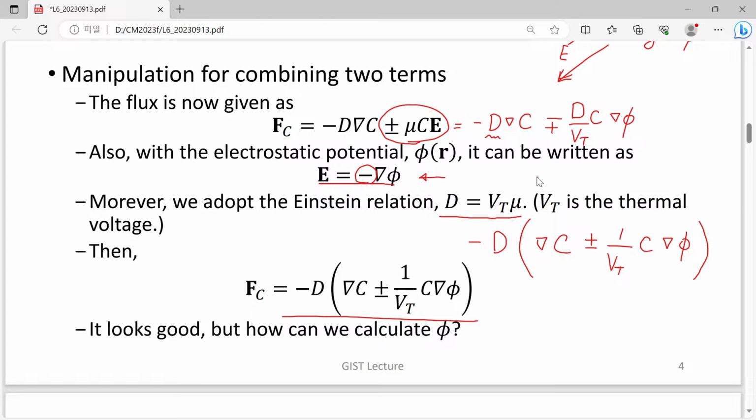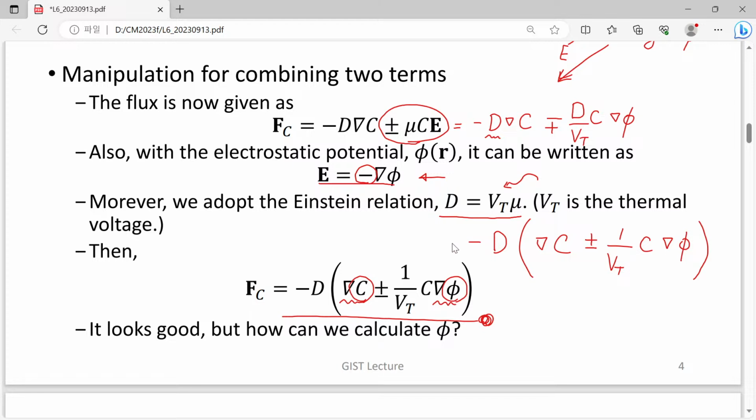However, the adoption of this Einstein relation is questionable, but we have done it. Then we finally arrive at this point. So if we know the value of C and phi at every node, then we can calculate the gradient and its gradient. Then we can also calculate these two terms.